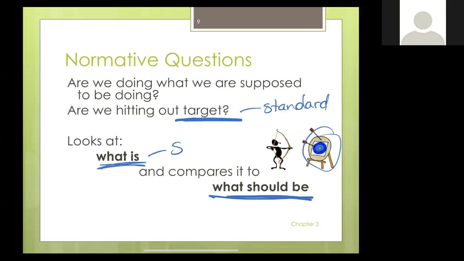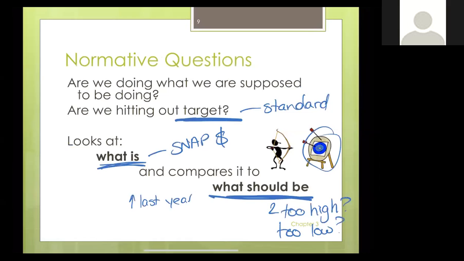So again, we might be looking at SNAP payments. Figure out what they are, and then say, are these too high or too low, based on what we know people get? Then we have to compare: is it greater than last year? Maybe that's our comparison.